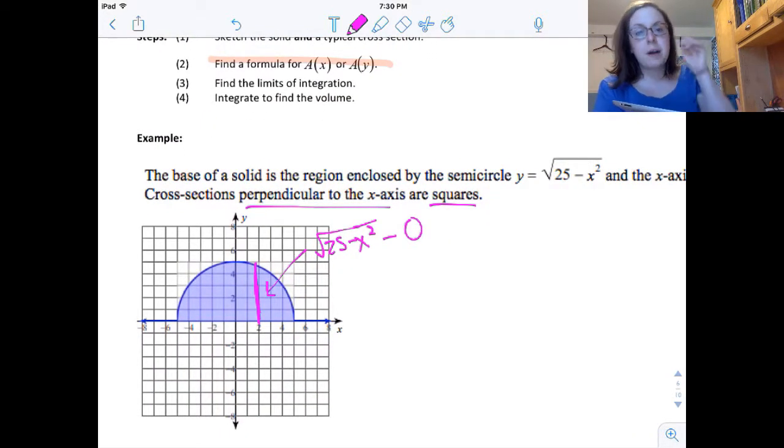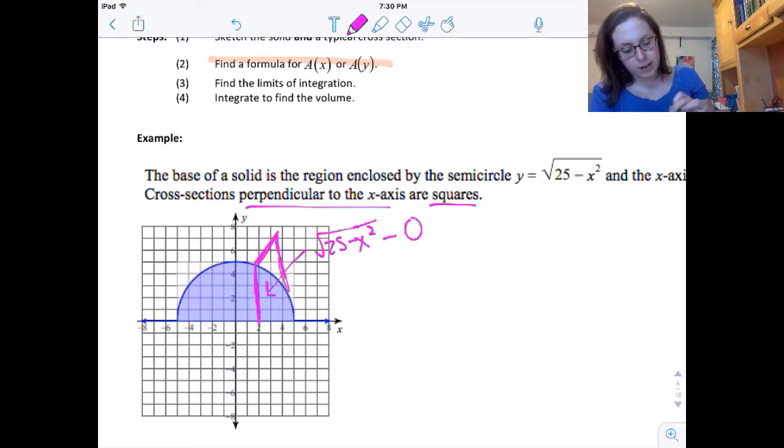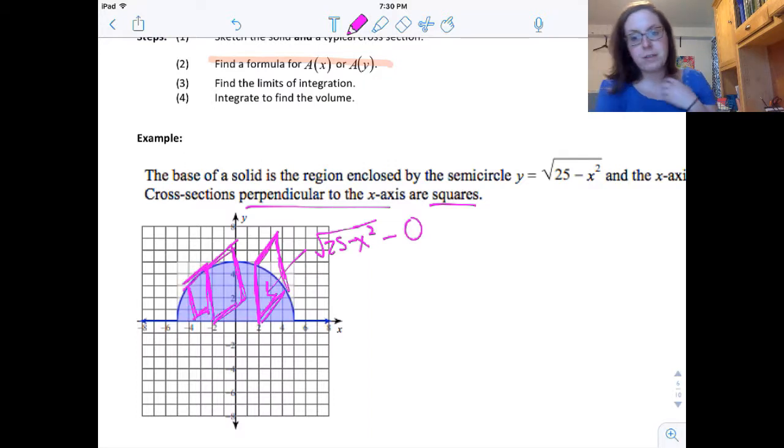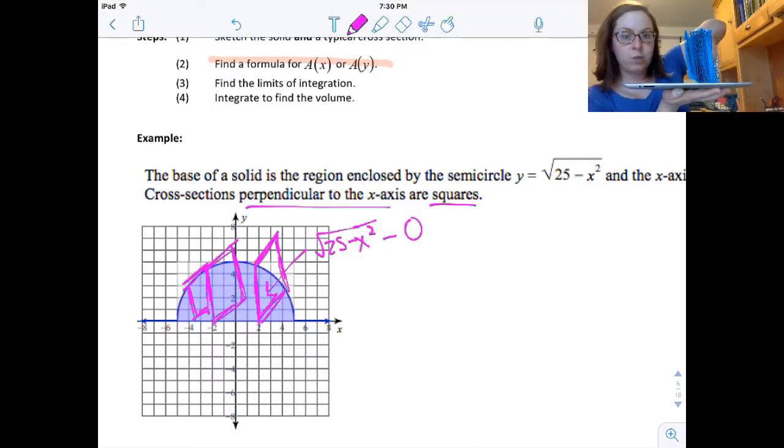Now I'm thinking about taking three-dimensional squares and setting them on top of this. I'm thinking about taking a square here and setting it coming out three-dimensionally. Same thing here, coming out three-dimensionally, same thing here. And so I'm setting these on top of it. So if this is my region, I'm setting them this way with that as my base, right?